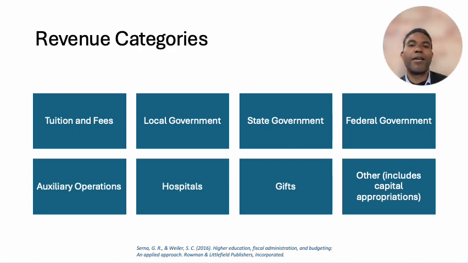But as a general rule, if we break down how much money goes to each category, universities are going to have higher percentages for auxiliary operations, tuition and fees, other gifts, and state government. So they're getting more state appropriations. The community college is typically going to have higher percentages for local government because they're usually funded by the tax base in that town.